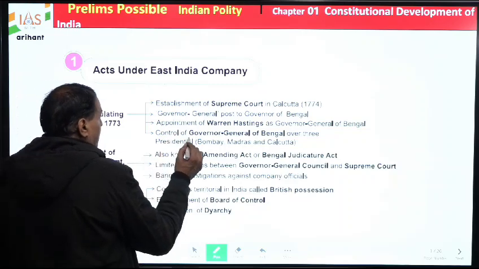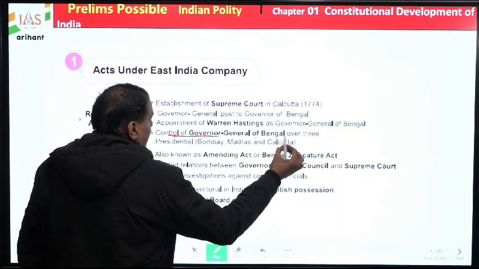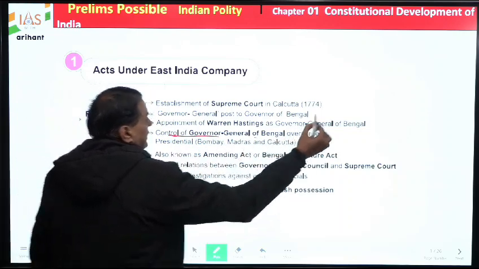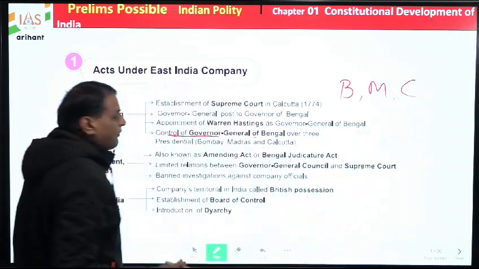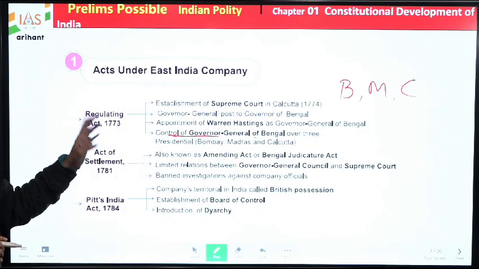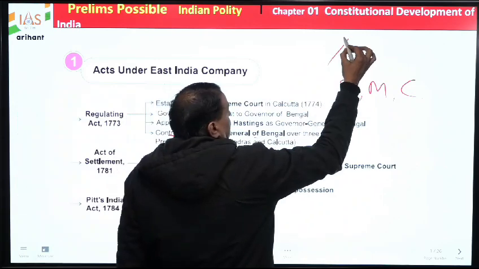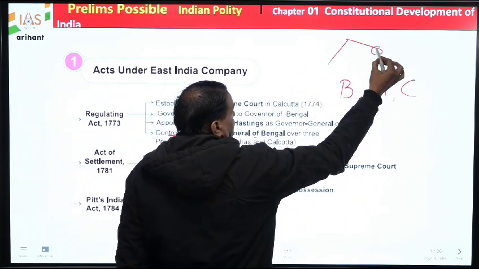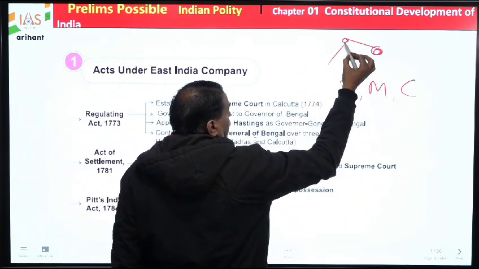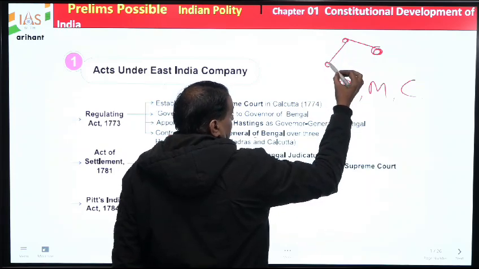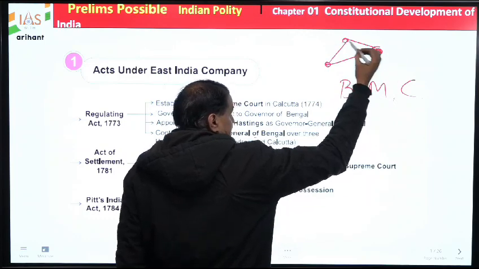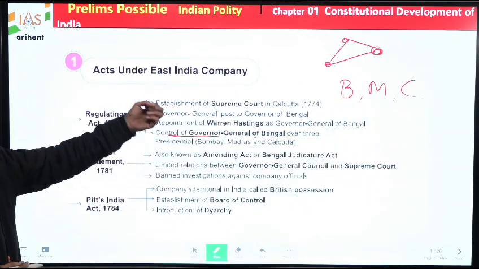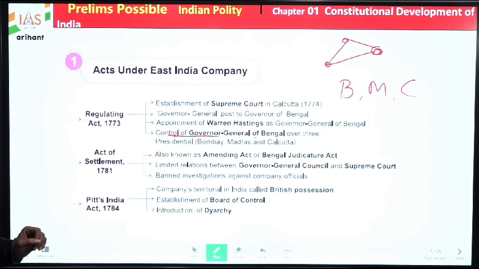The Governor General of Bengal had control over the three presidencies: Bombay, Madras and Kolkata itself. Kolkata was the center point, and these three cities formed a hierarchical system. These are the features of the Regulating Act.